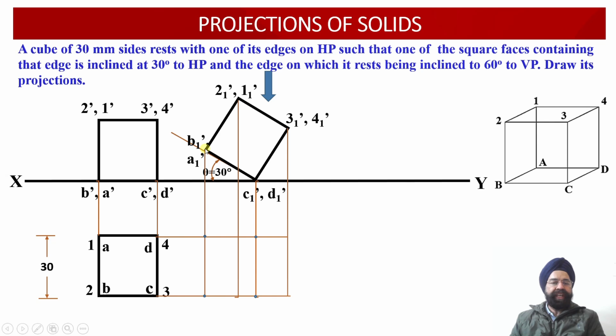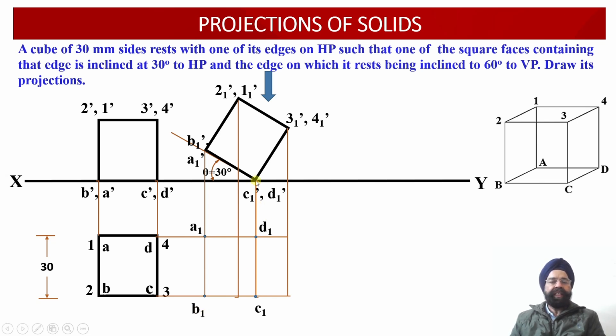So here we can check the vertical projector from A1 dash, wherever it intersects with the horizontal projector drawn through the point A, we obtain the point A1 over here. The vertical projector drawn through the point B1 dash, wherever it intersects with the horizontal projector drawn through the point B, we obtain the point B1 over here.